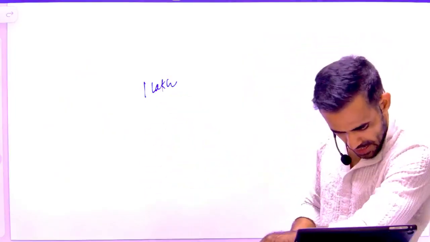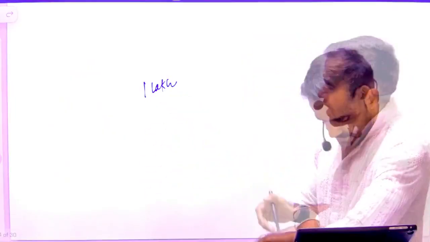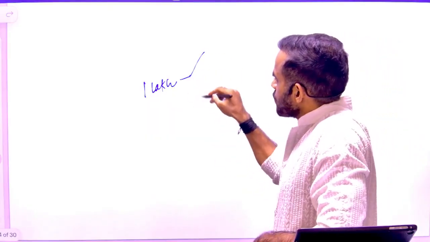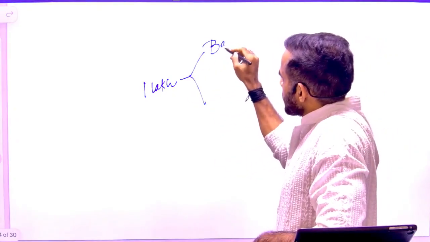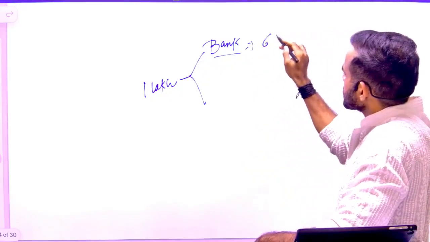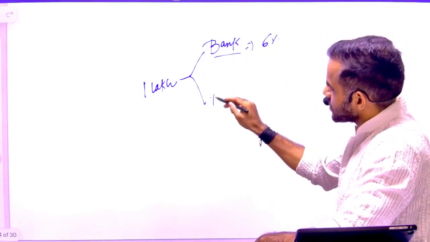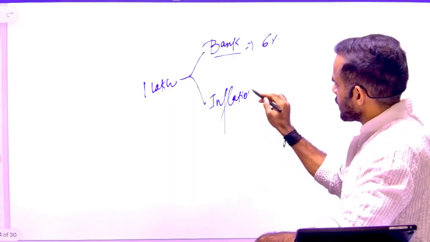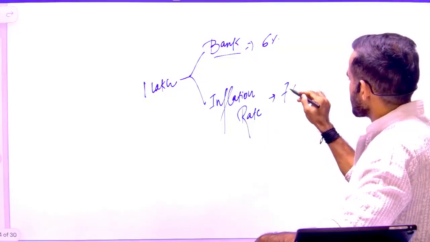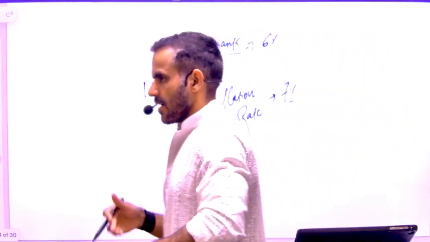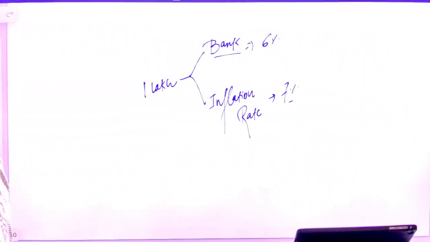Now let's consider one scenario. You deposited this money in the bank and the bank is offering you 6% interest rate. What if the inflation rate is 7%? What will happen in this case?